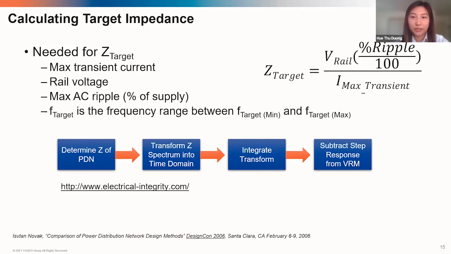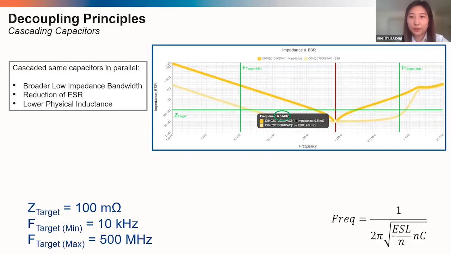So then we'll transform it into the time domain, integrate it, and then subtract out the step response from the VRM. So for this example, our target impedance is 100 milliohms, and the lower and upper frequency bands are 10 kilohertz and 500 megahertz.